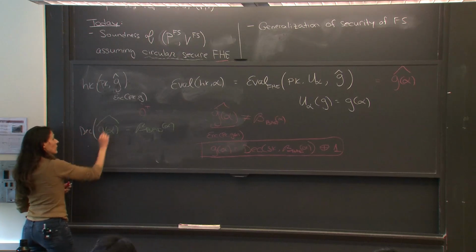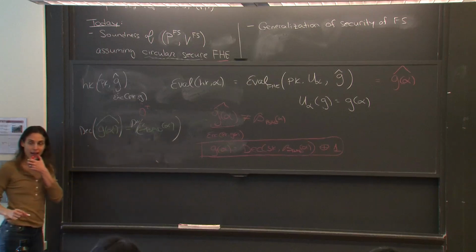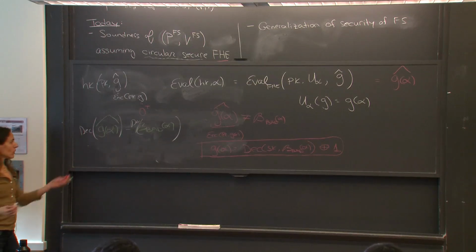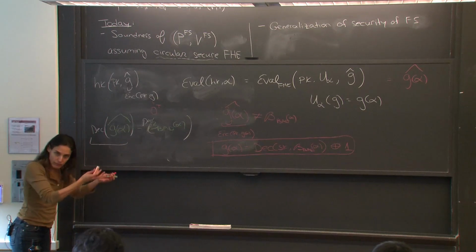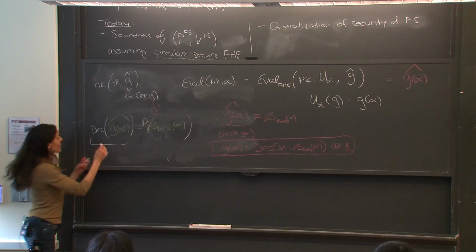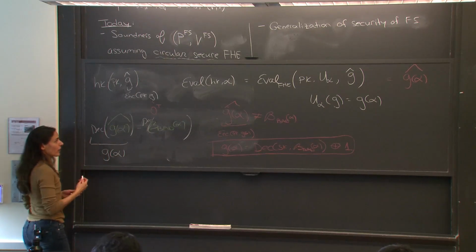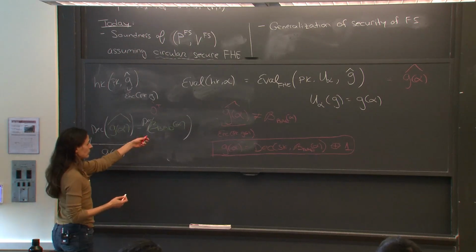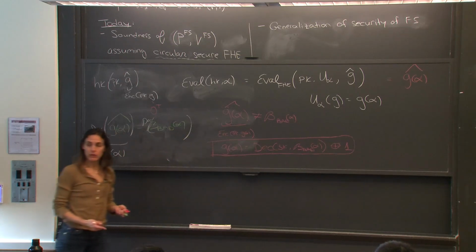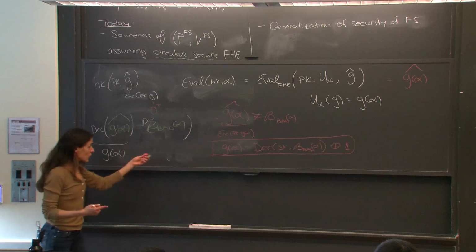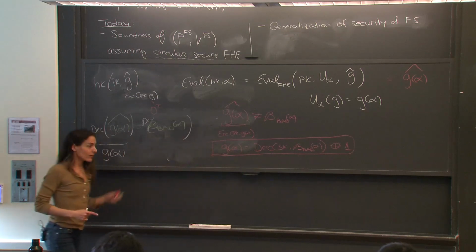Then it means that decryption of this will be equal to decryption of this. Of course. What is decryption of this? G alpha. I just decrypt the encryption of G alpha, I get back G alpha. But I know G alpha is not the decryption of beta bad alpha, because G alpha is the decryption of alpha plus 1. So it can't be.